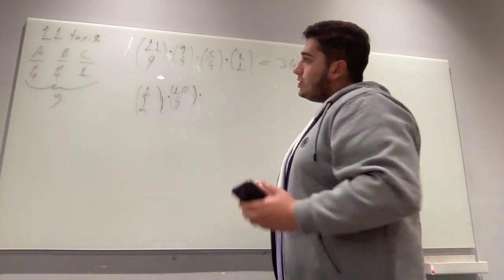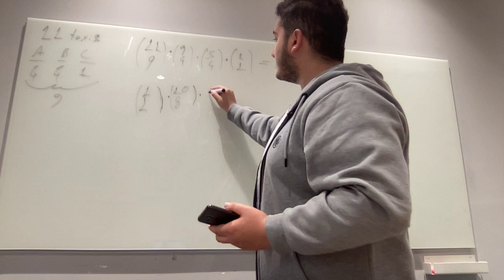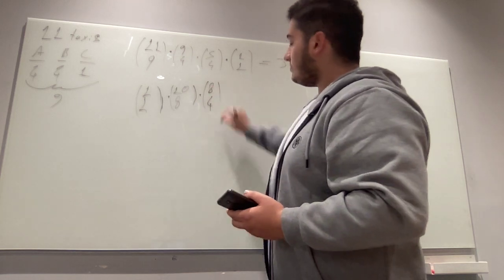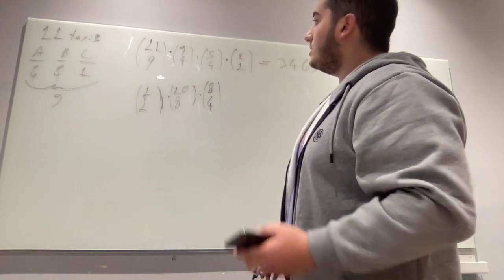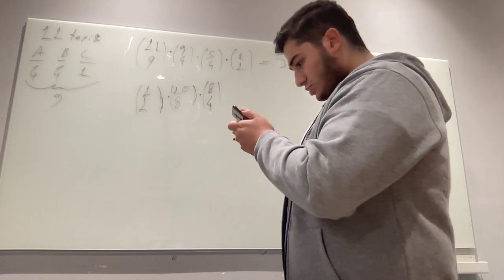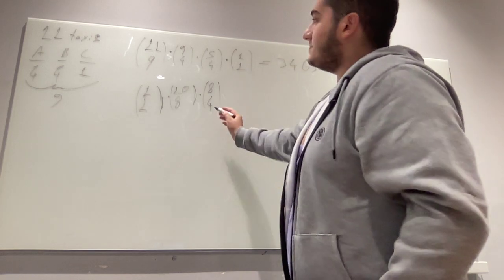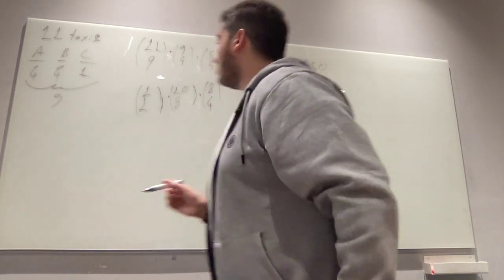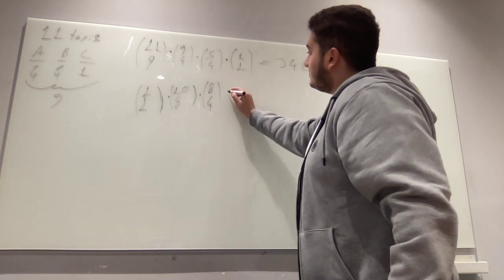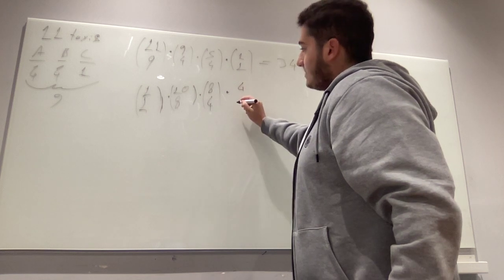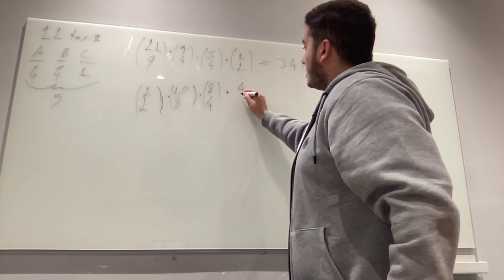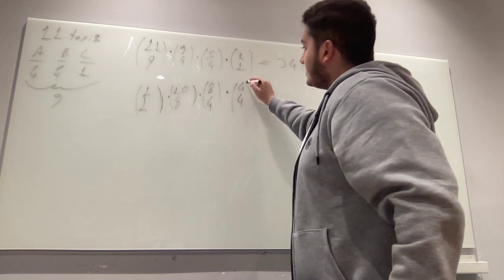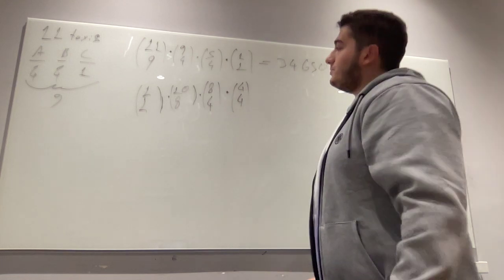I need to choose 4 drivers from 8 for airport A, because I need to have 4 drivers go to airport A, times 4 drivers remaining, and I need to choose other 4 of them for airport B.